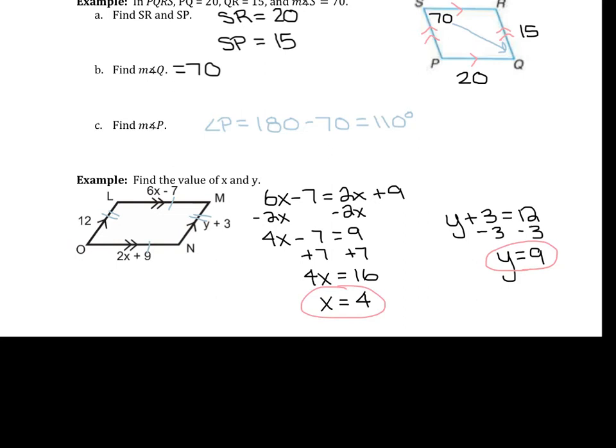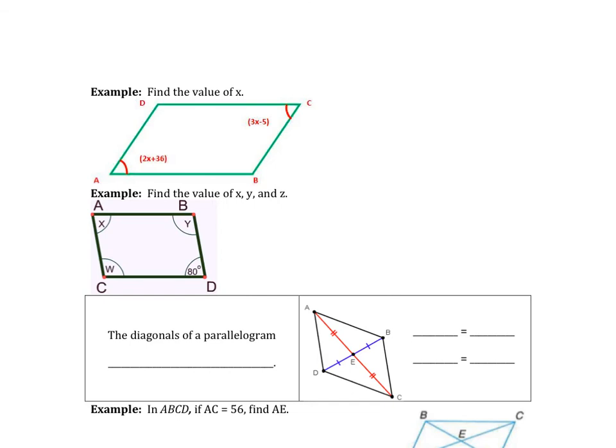Anytime you have a parallelogram, you know the opposite sides are not only parallel, but they are congruent, so you can set their measures equal to each other. In the next example, we are given that ABCD is a parallelogram. AD is parallel to BC, and CD is parallel to AB. Because this is a parallelogram, we know that the opposite sides are congruent, and the opposite angles are also congruent.